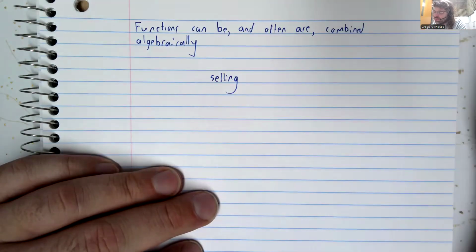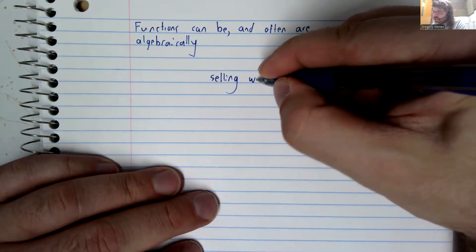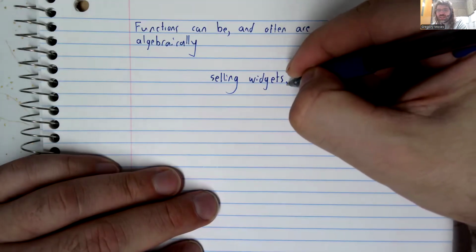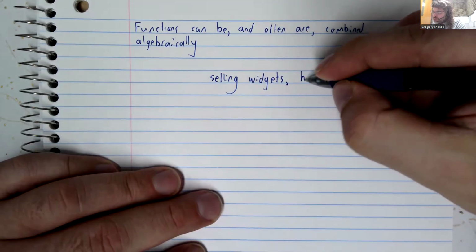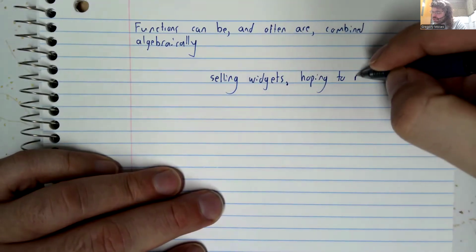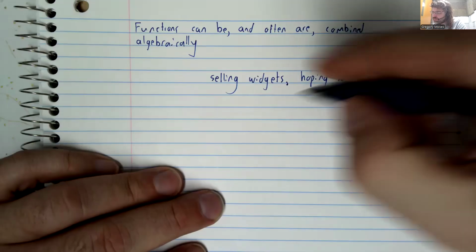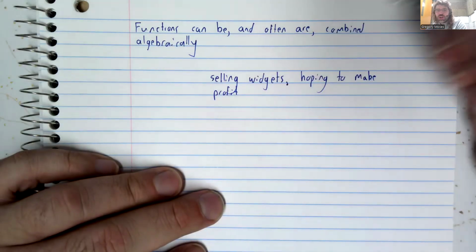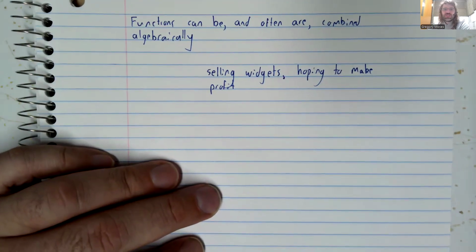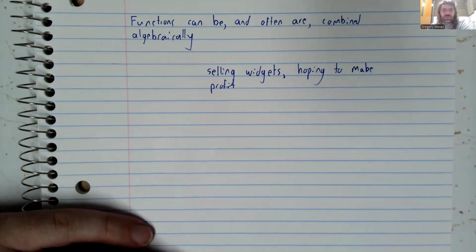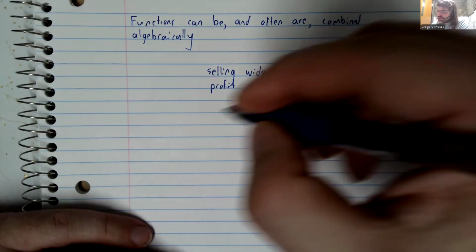selling something. It's selling widgets, and it's, of course, hoping to make a profit. So this company generates revenue when it sells widgets.